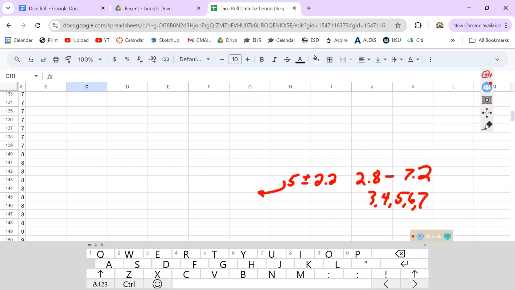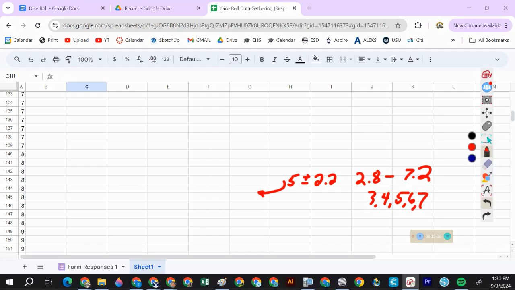Or 108. Wow. So we had 108 out of 160. What does that give me as a percentage? 0.675. What do you think? What did we expect? 68%. And man, we got 68%.